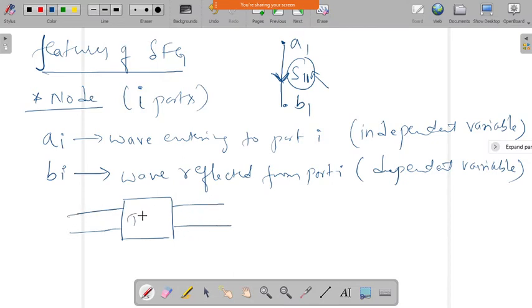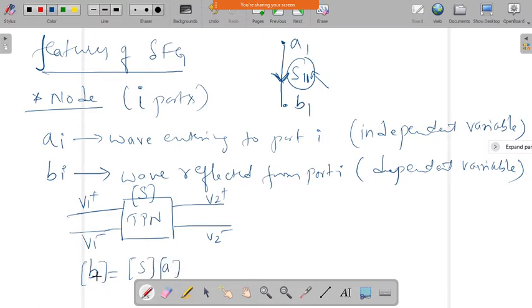This is a two-port network where we have the S matrix, which we have already seen, in terms of V1 plus, V1 minus, V2 plus and V2 minus. In general we have already seen the generalized scattering matrix, which we can represent with the reflected voltage B in terms of the S matrix and incident voltages.